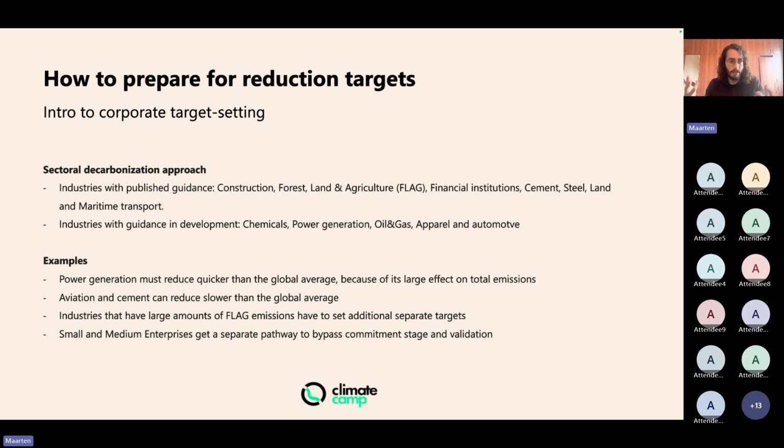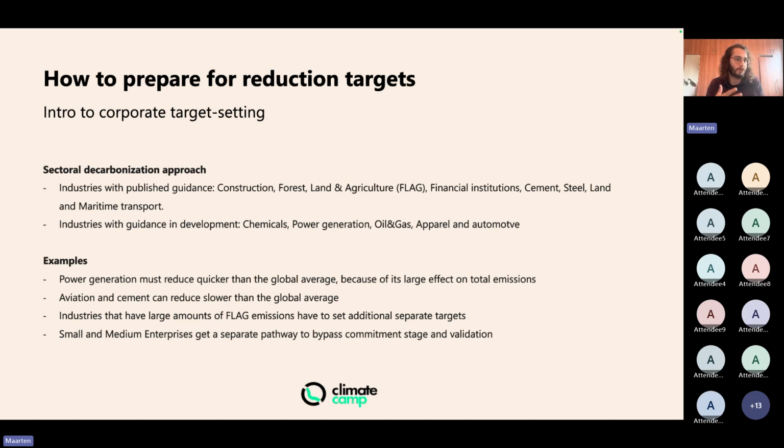Because depending on the makeup of their industry, their impact on total emissions, their rates or the reduction potential of their industries, they created nuances towards these industries. To give you some examples, power generation must reduce quicker than the global average because it has the largest effect on total emissions. Aviation and cement can reduce slower than the global average.